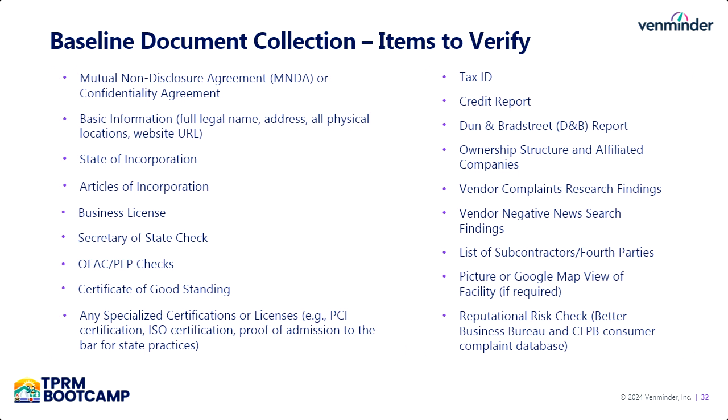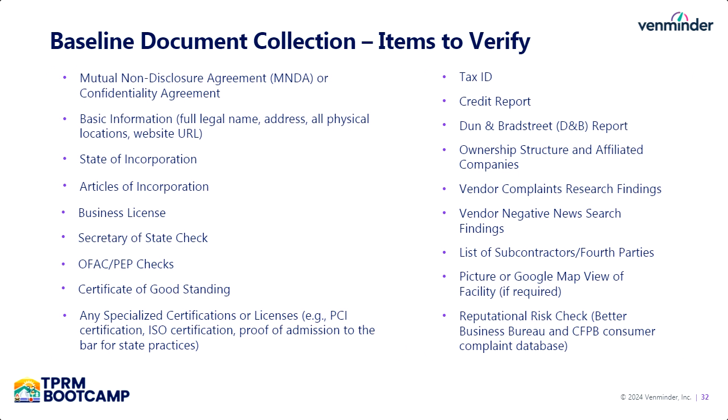So remember, all products and services have at least some risk. So no matter what it is, even in a low-risk situation, we'd want to collect and verify at least some information to make sure that, one, they're a legitimate business and that they have a good reputation. So depending on the product or service, we may need a non-disclosure agreement or confidentiality agreement, but we always need their basic information.